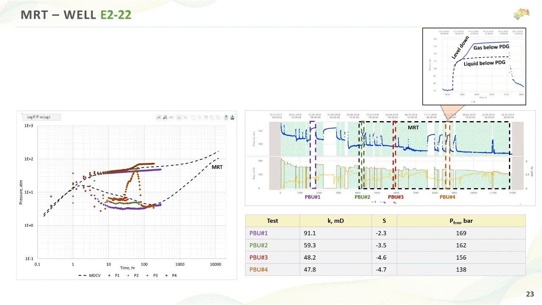Then as more and more gas comes into the well, it presses the liquid level down, and it goes below the gauge. Our pressure rises and rises, and then it stabilizes, and now we can say that there is a full column of gas below our gauge. So of course, if we need to perform any kind of analysis of this data, we will need to filter out this part of the pressure buildup.